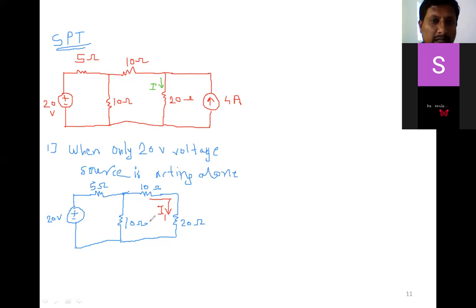So how to calculate this I1? By observing this circuit, which method can we apply?